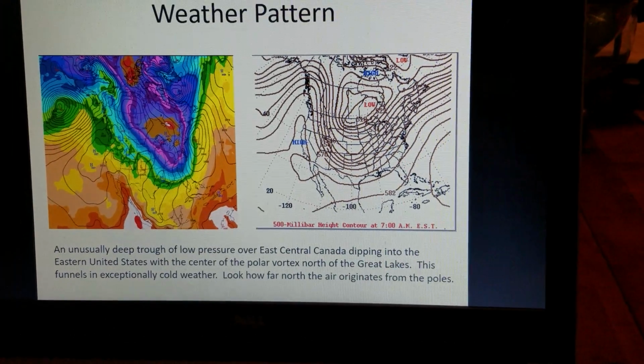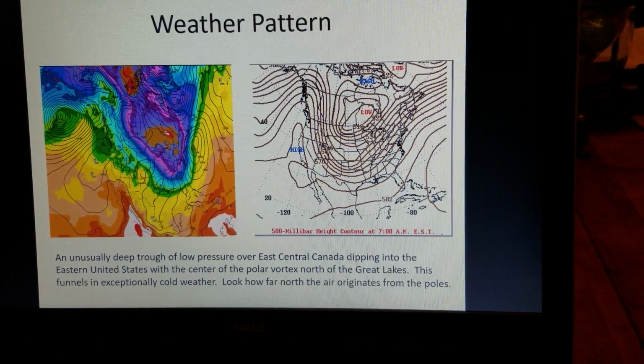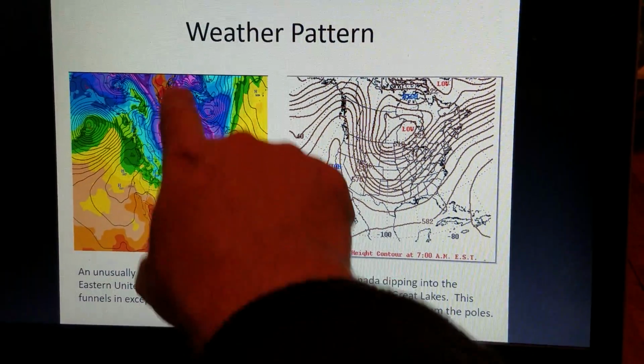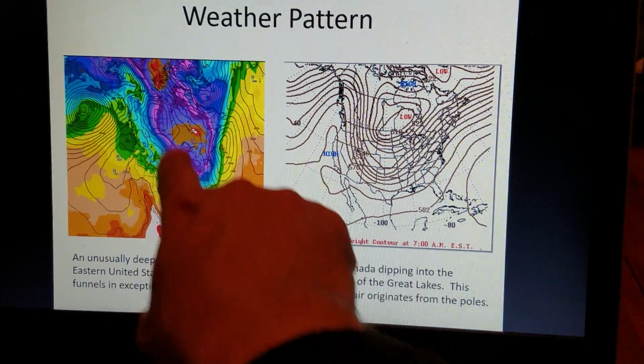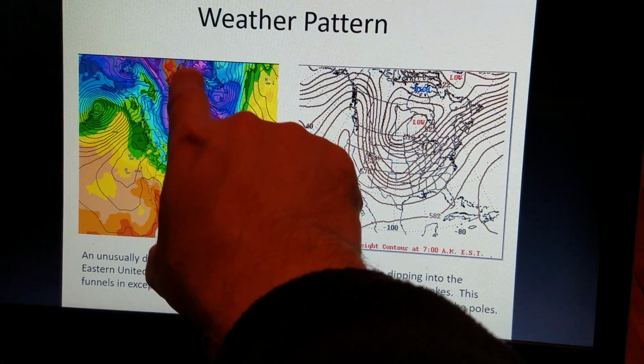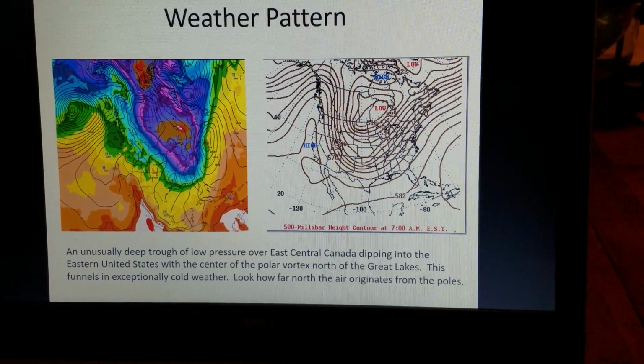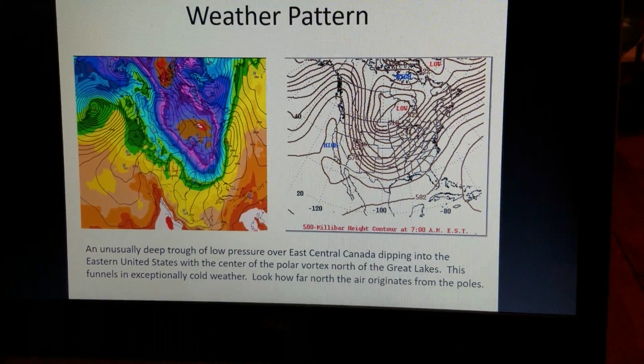This funnels in exceptionally cold weather. Look how far north this air mass is. Basically, this trough is tapping into air all the way up to the polar areas, all the way down southeast towards the eastern United States and ultimately over southeastern Virginia.